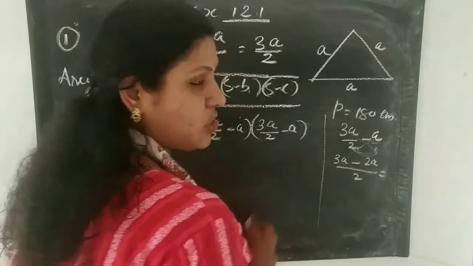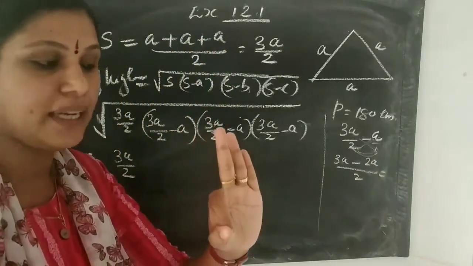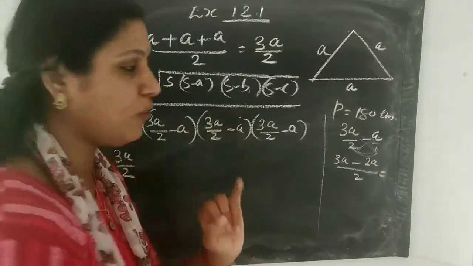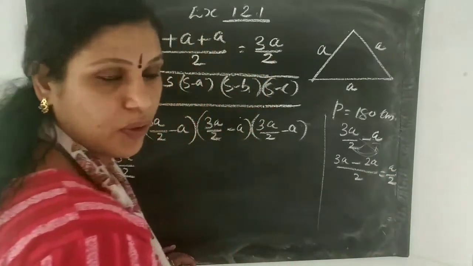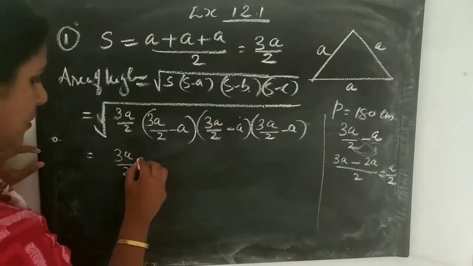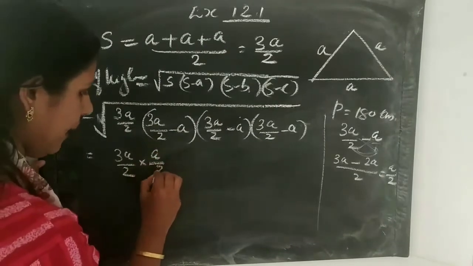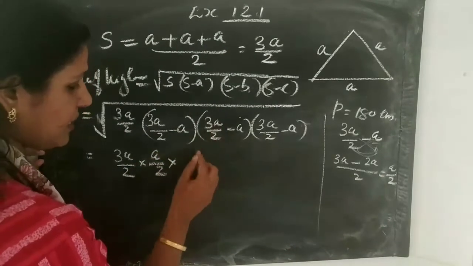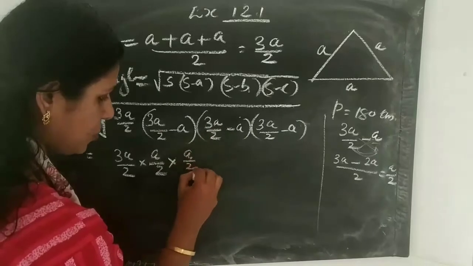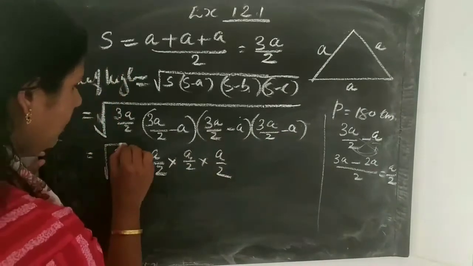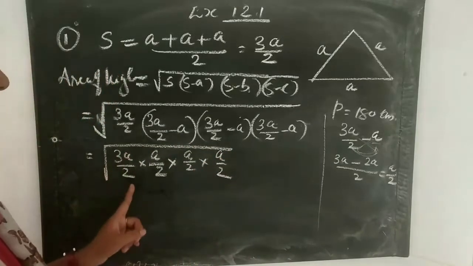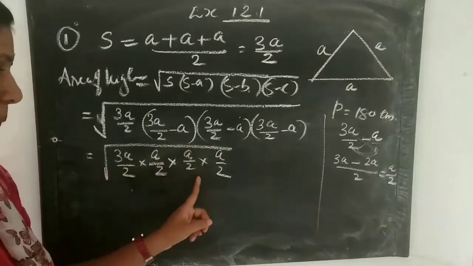That is 3a minus 2a, which is a, so we get a by 2. So we write a by 2 into a by 2 into a by 2, and this is root of 3a by 2 into a by 2 into a by 2 into a by 2.